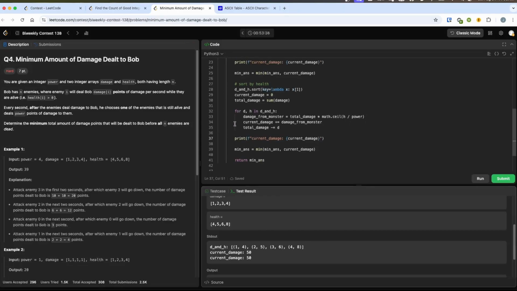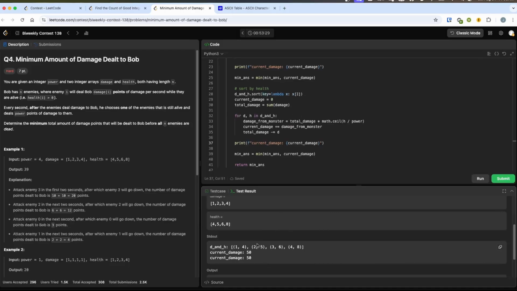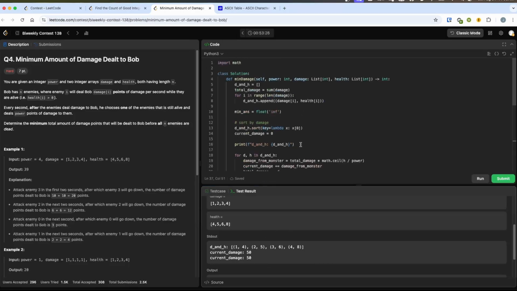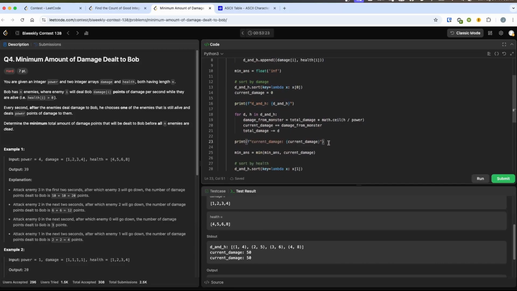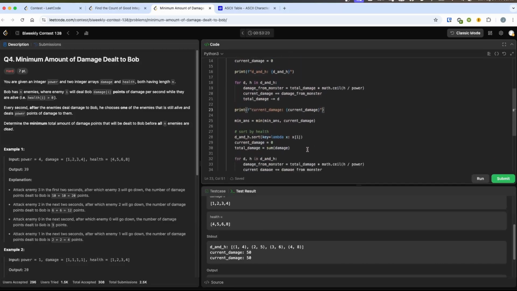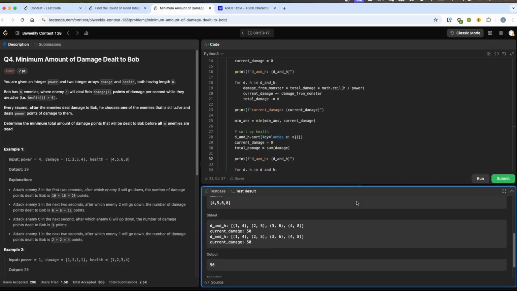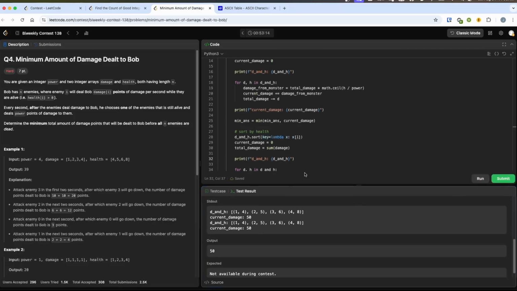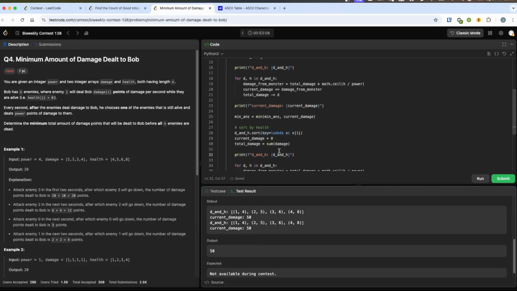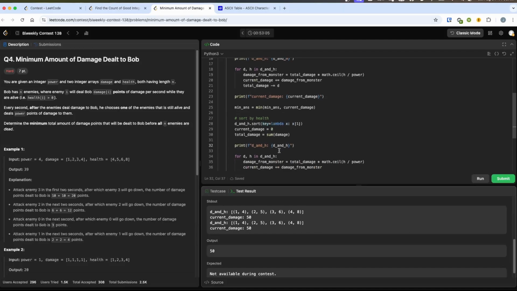So sorting by health should have worked. Let's also print D and H here. Okay, it's not sorting. Oh, because it's the same.